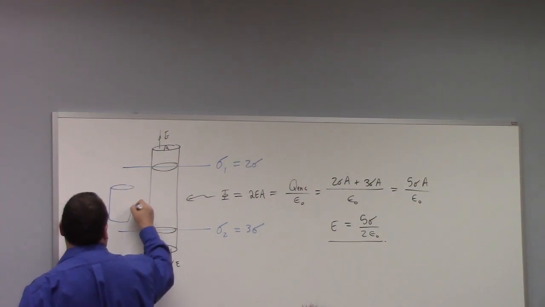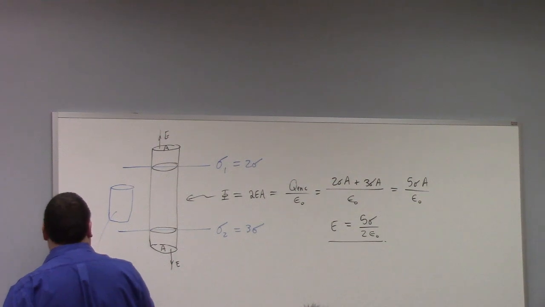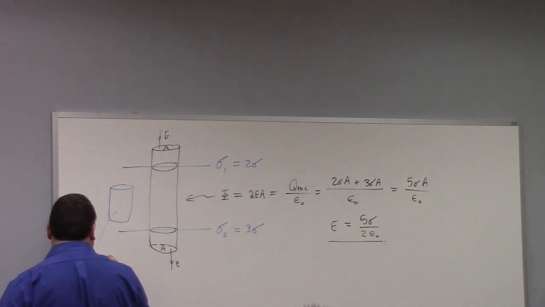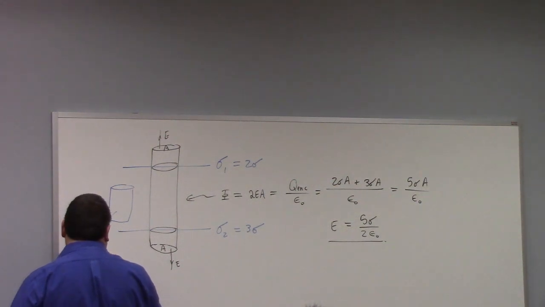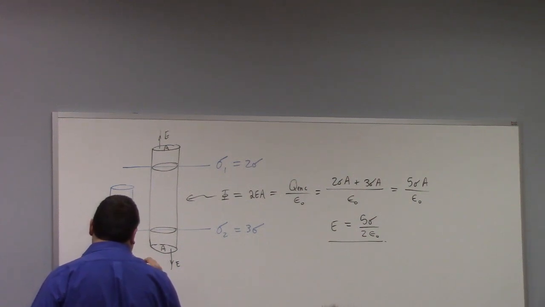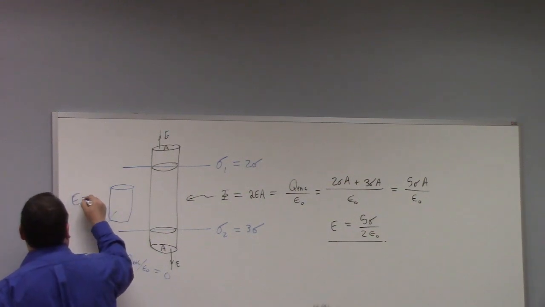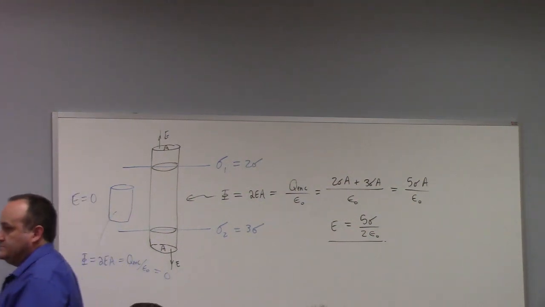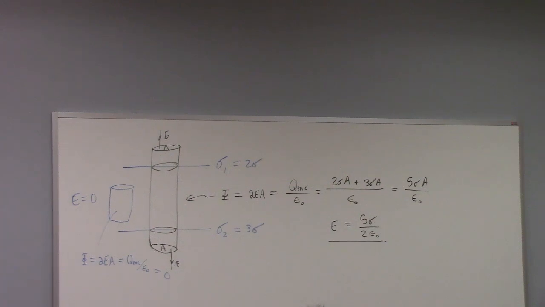I can put it symmetrically between the planes, and I can say, okay, again, the flux is just like I did before, 2EA, and that's equal to 0. So the electric field equals 0 in here, right? It's almost like it doesn't matter which charge is on the upper plane and which charge is on the lower plane.